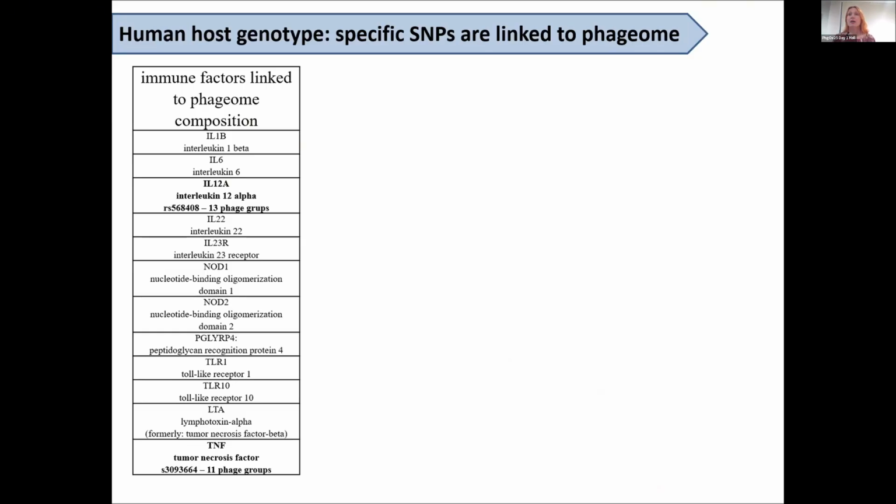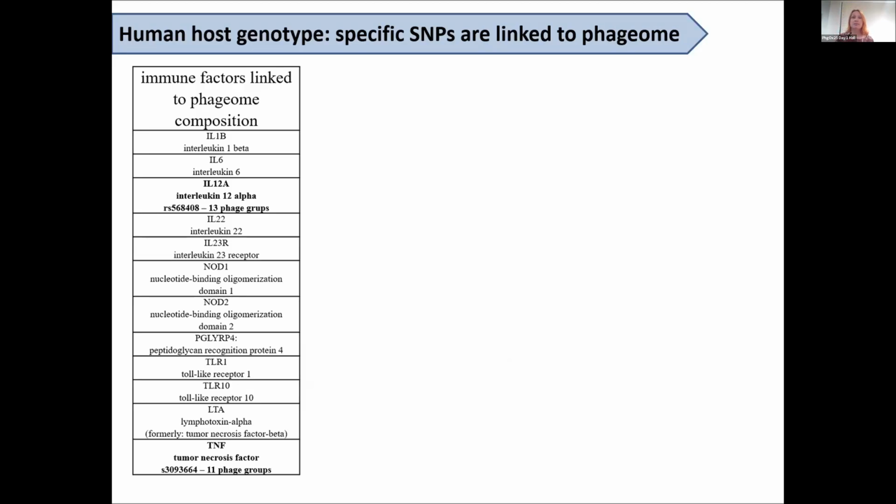Interestingly, we observed that the majority of SNPs correlated in some way to phage presence, to any phage groups. These were the immune-related factors. And here you have the list of the major ones. The bold ones were the most common.